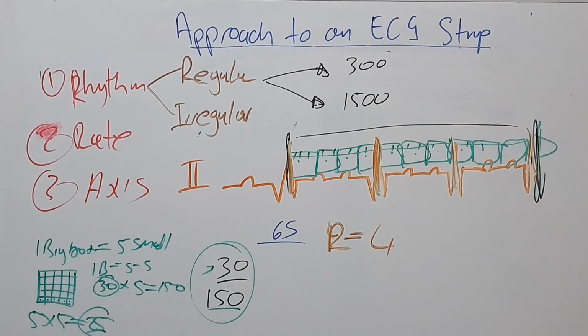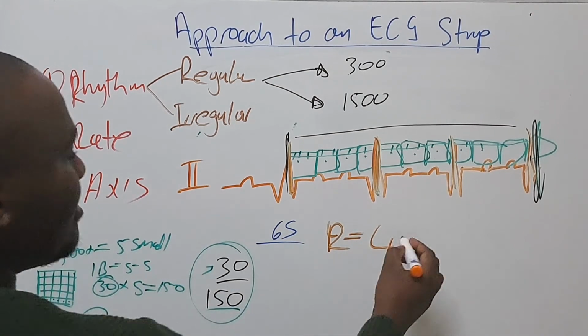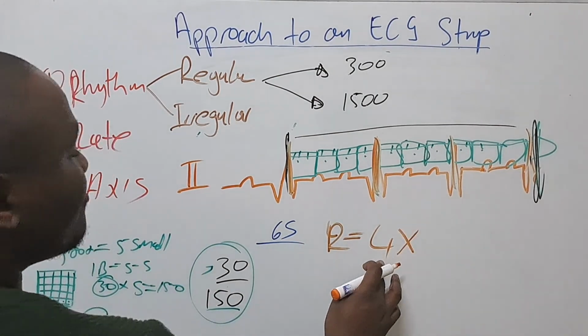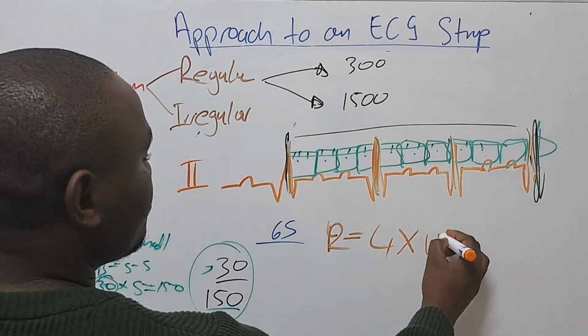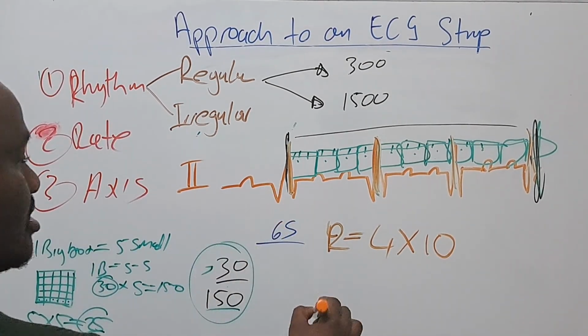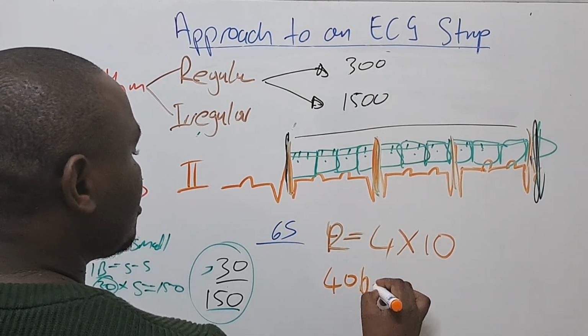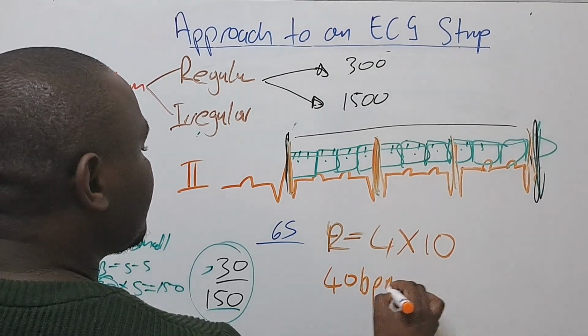So for us to get the heart rate over a minute, we have to multiply this 4 by 10. So the heart rate of this patient is 40 beats per minute.